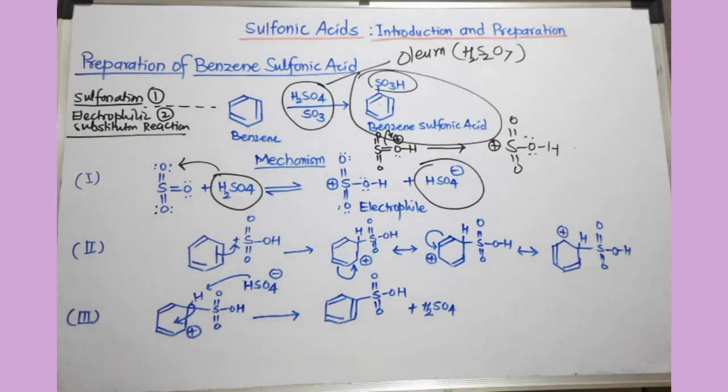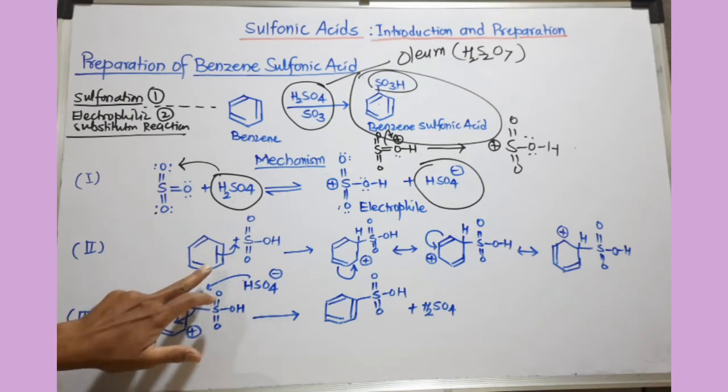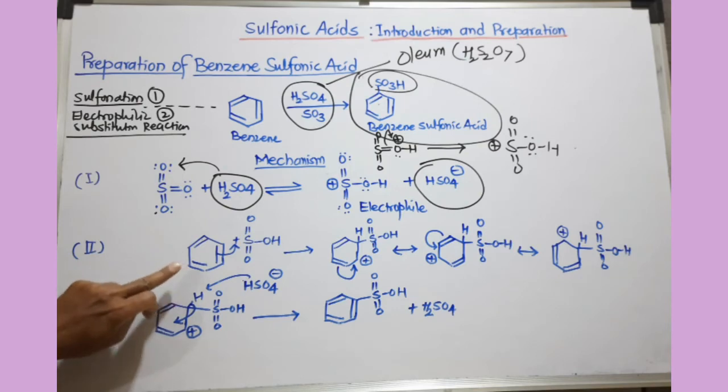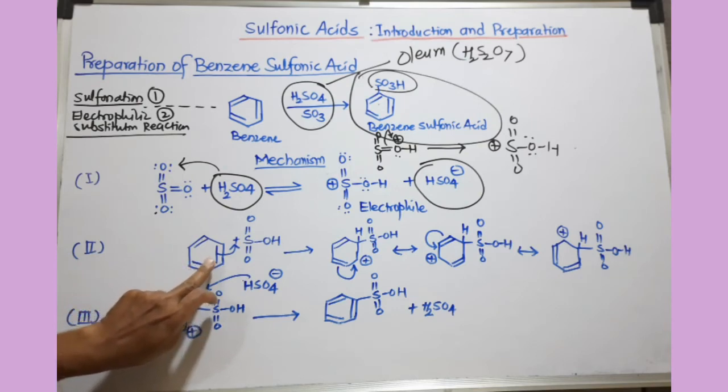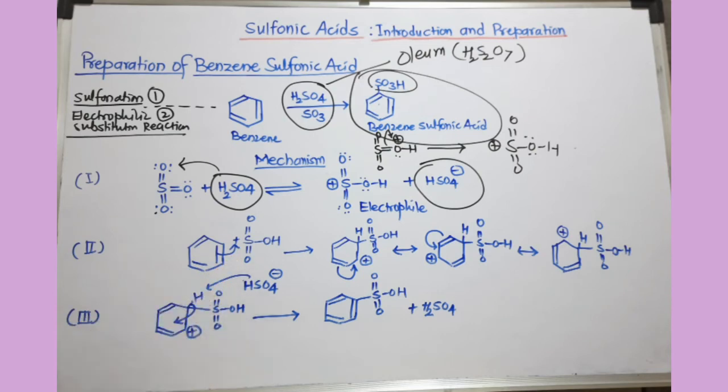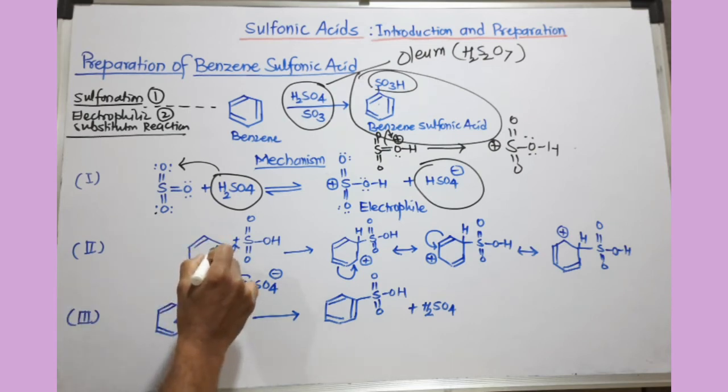Now once the electrophile is generated, these two steps are actually what we have seen many times during electrophilic substitution reactions. When this electrophile attacks the benzene ring because of pi electrons, you have to remove any one of these three pi bonds outside. So this pi bond I have selected.